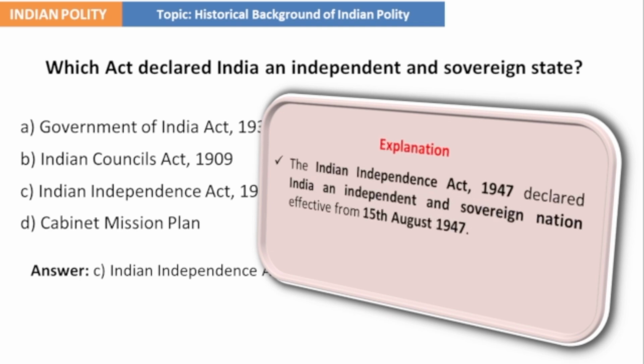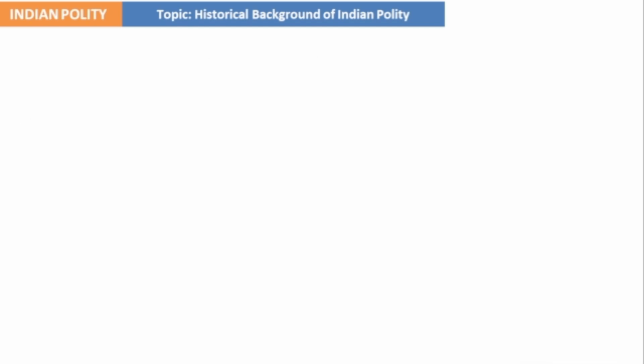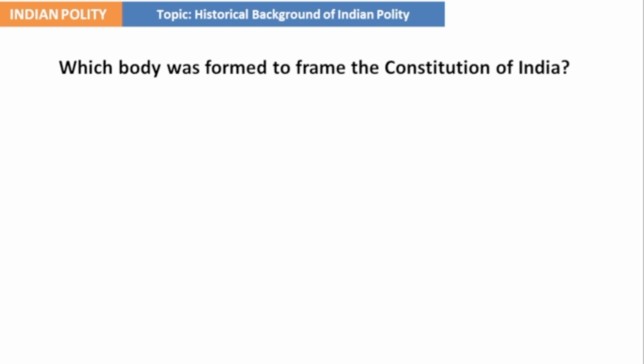The Indian Independence Act 1947 declared India an independent and sovereign nation, effective from 15 August 1947. It ended British rule in India and led to the creation of two dominions, India and Pakistan. Which body was formed to frame the Constitution of India?